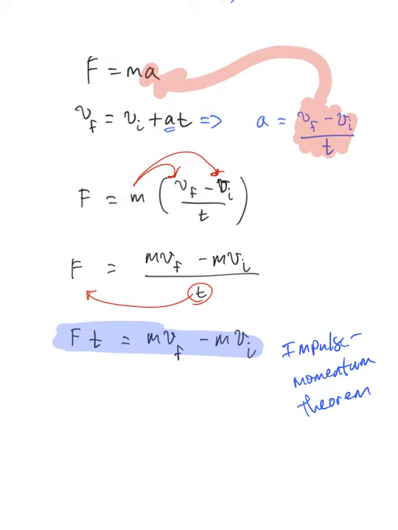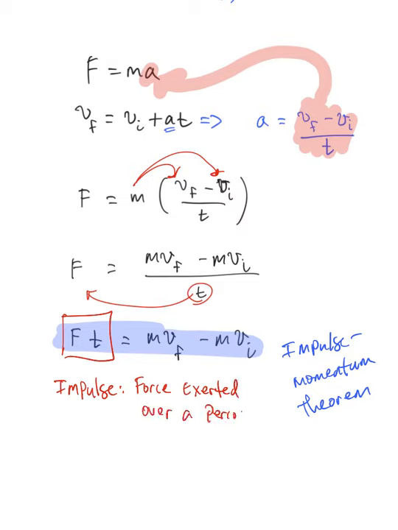So to break it down in a little bit more depth, on the left-hand side of the equation, this is impulse. To define it, impulse is a force exerted over a period of time.